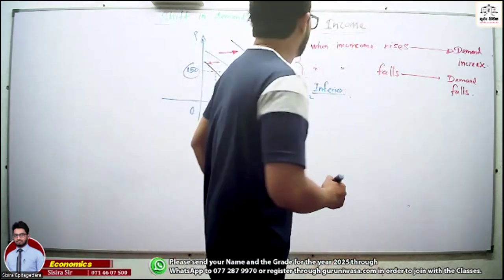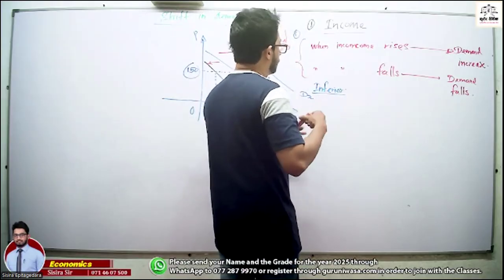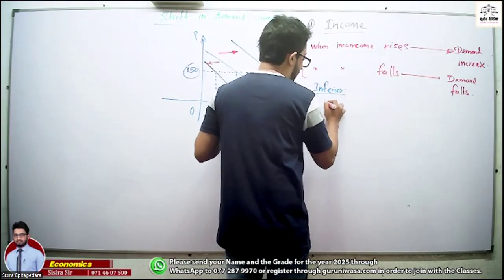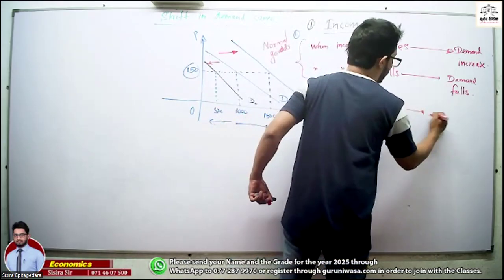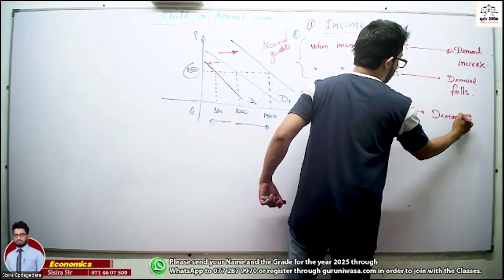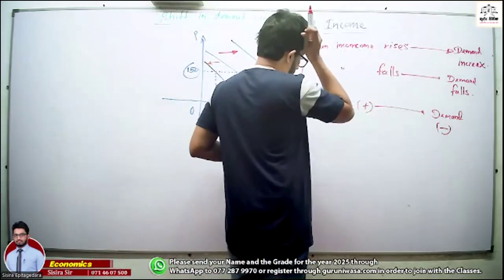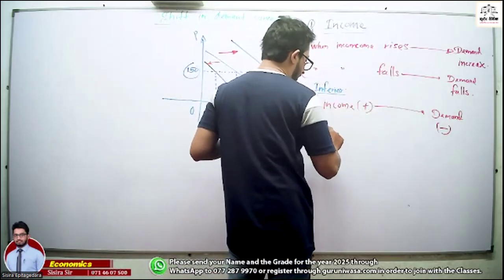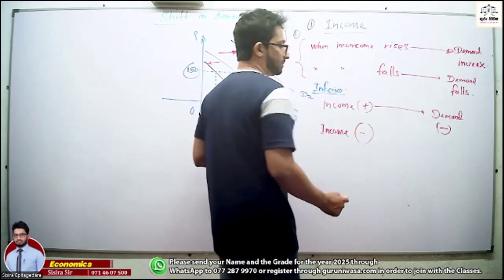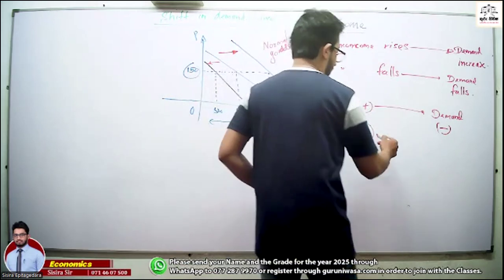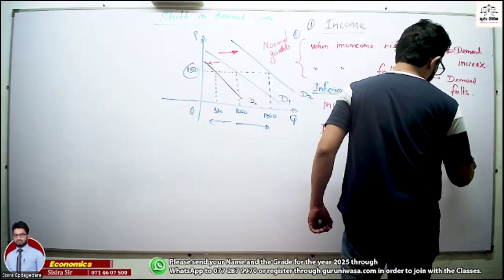So for inferior goods, when income increases, demand decreases. When buyers' income decreases, when people are getting poor and poor, demand for these products increases. Demand rises.